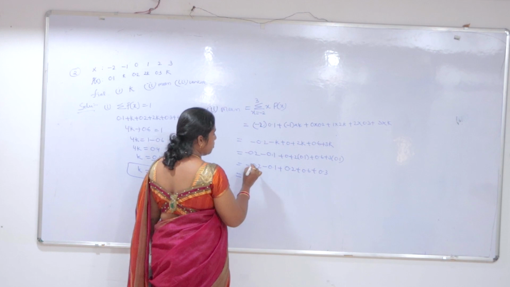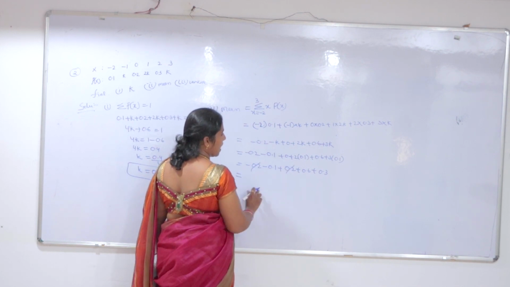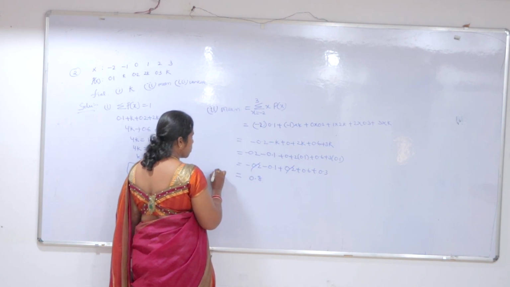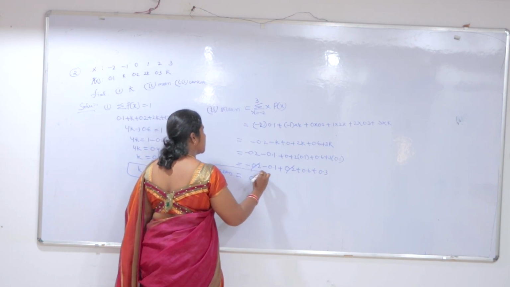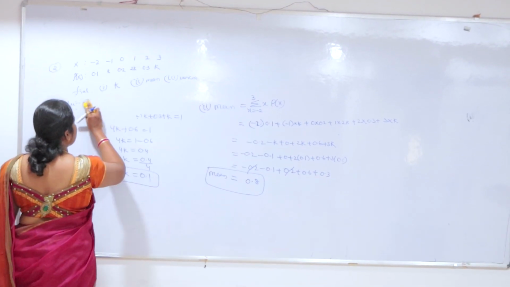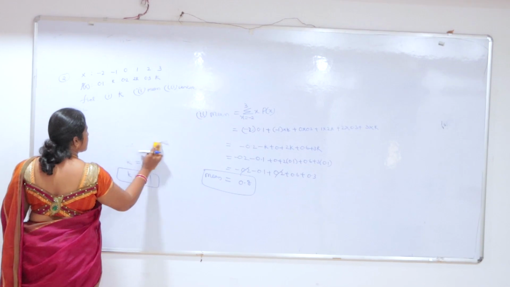So what will happen to the value? Minus 0.2 plus 0.2 cancelled out. 6 plus 3, 9. 9 minus 1, 0.8. So the mean of this particular probability distribution is 0.8. Now we'll do the third bit, which is nothing but the variance.